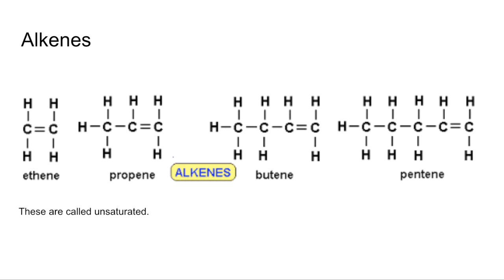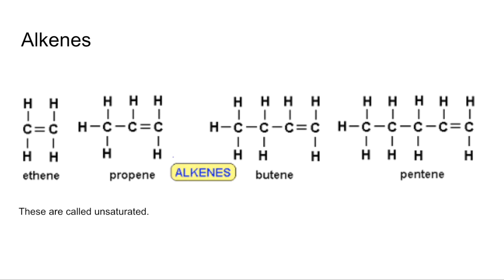So that would make these what we call unsaturated hydrocarbons. Everything we've looked at so far had only single bonds. There were only bonds between carbon and hydrogen and other carbons. They were all single bonds. So those were the alkanes, hydrocarbons with only single bonds.